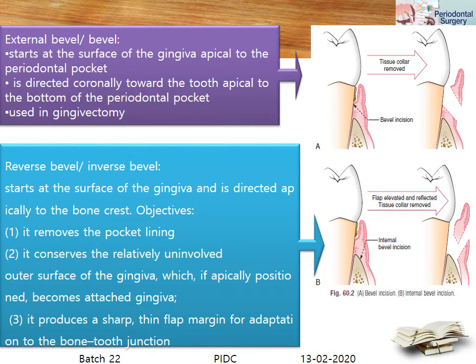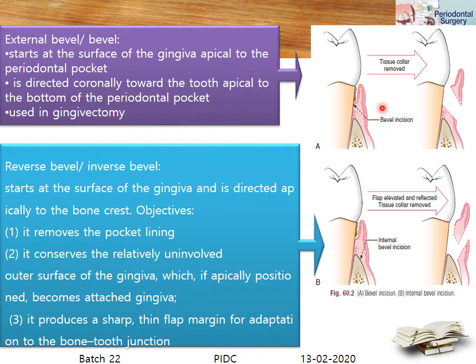There are 2 types of incisions based on how you place the bevel of your incision blade. It could be an external bevel incision or an internal bevel incision. When you place the blade, the BP blade, on the external surface of your gingiva and you cut and remove tissue in this aspect, then it is an external bevel incision.